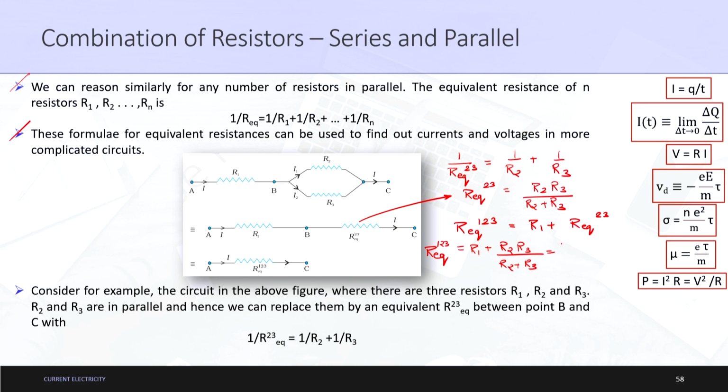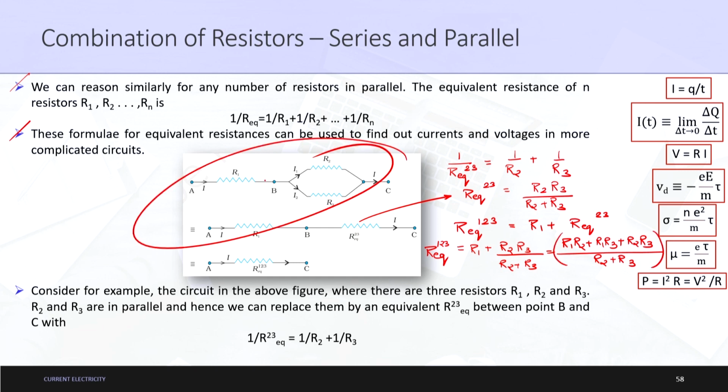Therefore, we can obtain R1 R2 plus R1 R3 plus R2 R3 upon R2 plus R3. So, this is the final equivalent resistance for this combination of resistors here.